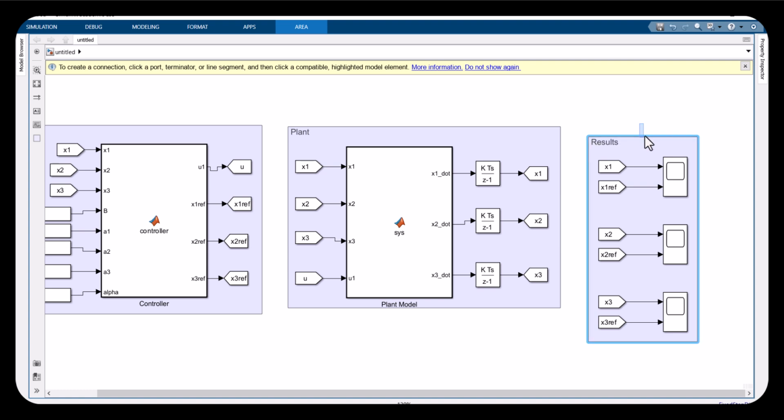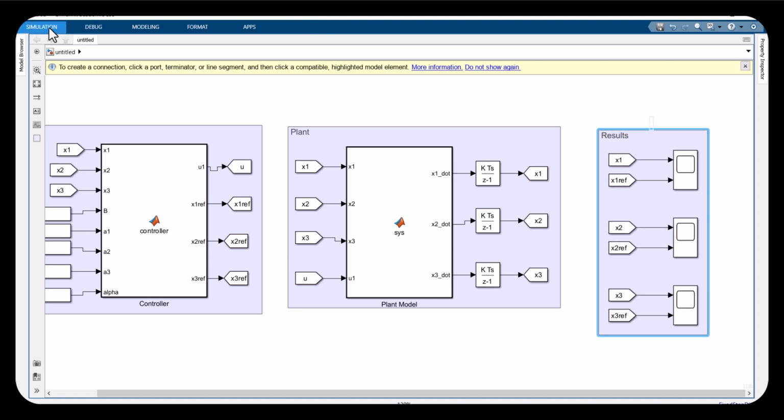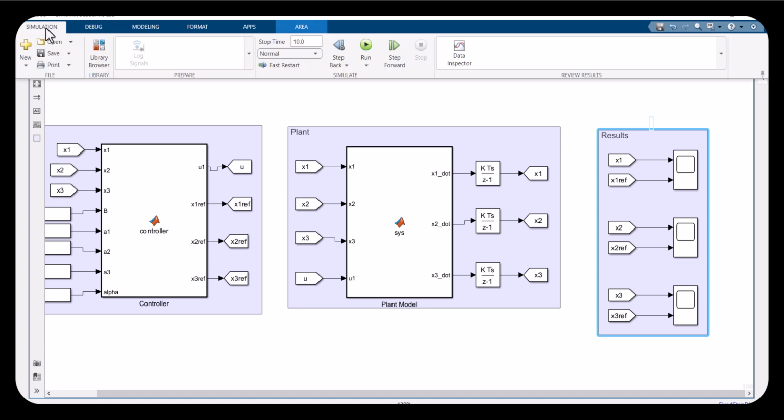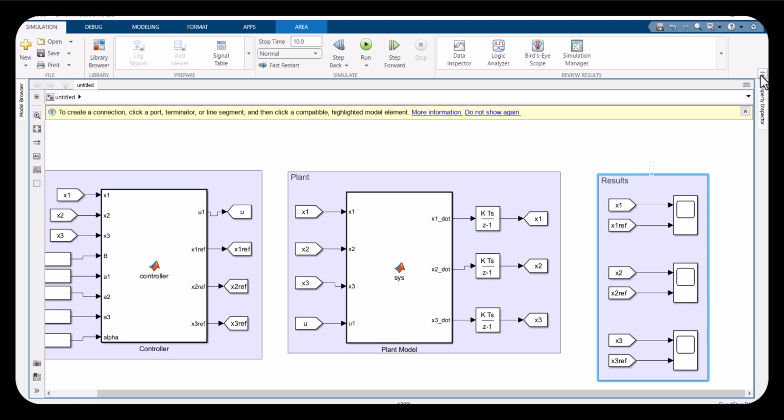So all is done, and now we go to this simulation point, and let's pin it for now. Okay, 5 seconds is good enough. Let's click on this run button and see how it works.